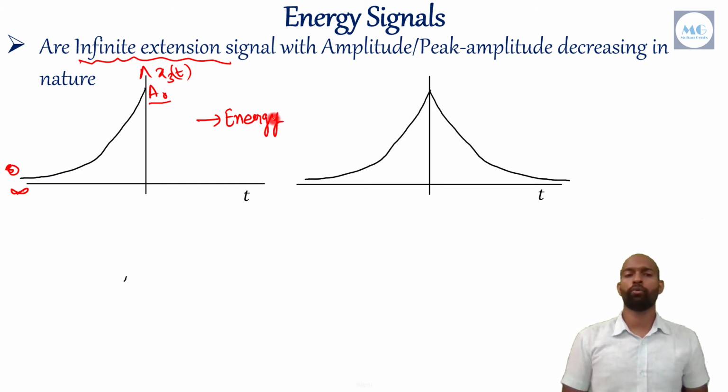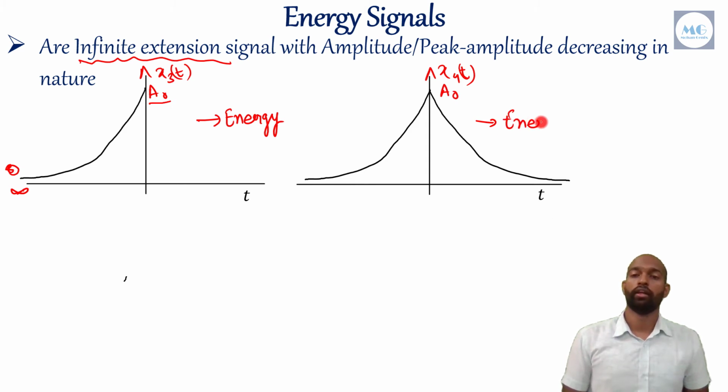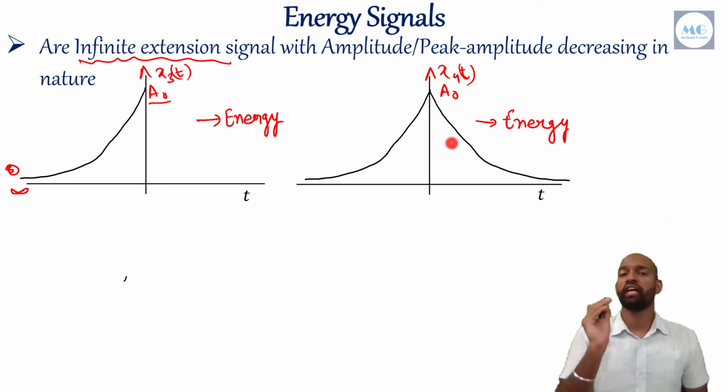Now let's see the other signal, x4(t). It is similar to x3(t), but it also has the positive t axis, and its amplitude is again decreasing. So this infinite duration signal is also an energy signal. We can easily say, by looking at any signal, that if it is an infinite signal and its amplitude is decreasing in nature, then it is an energy signal.